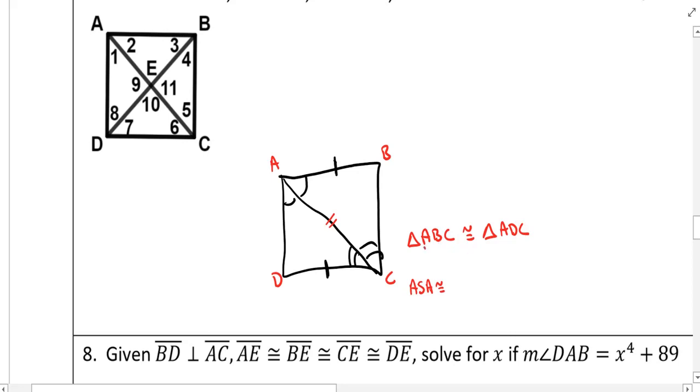We have AB, my first two letters, corresponding to AD. So we know that AB is congruent here, right? And we have DC congruent to BC. So from this we find out that all four sides are congruent, making this a rhombus.